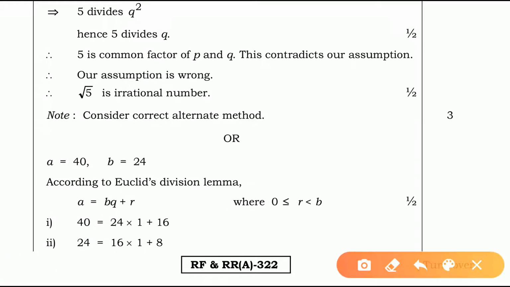Since 5 is a common factor, because 5 divides p and 5 divides q, this is a contradiction to our assumption. Our assumption is wrong. Therefore root 5 is an irrational number. This is the required result.